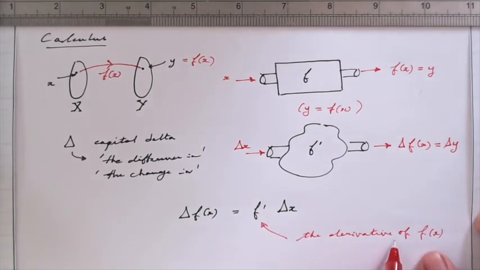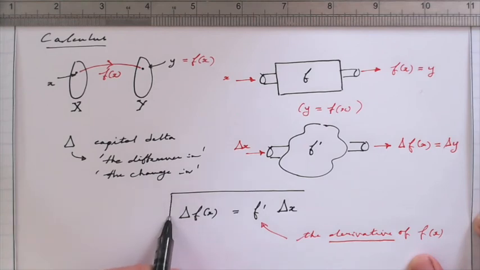And that's the first piece of important terminology that we'll have with this motivation of calculus. The derivative is the central kind of foundation that connects the change of an input to the change in an output.